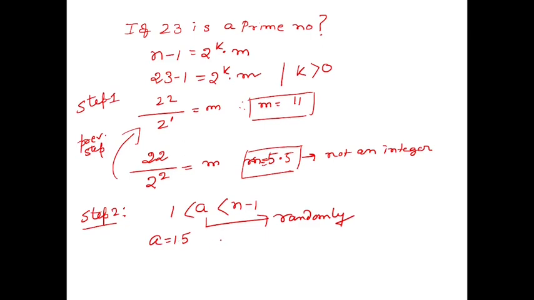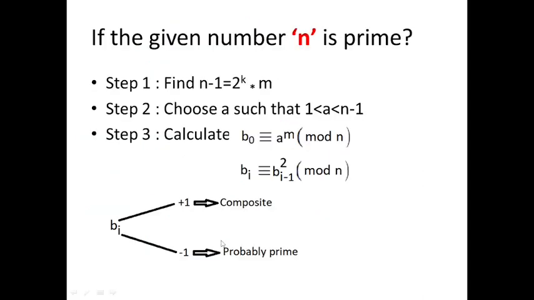After choosing a, in step number 3 we have to calculate b0, then b1, and then b2, and we keep calculating the values of b until we end up getting plus 1 or minus 1.